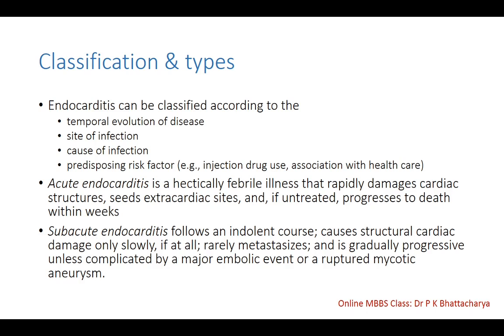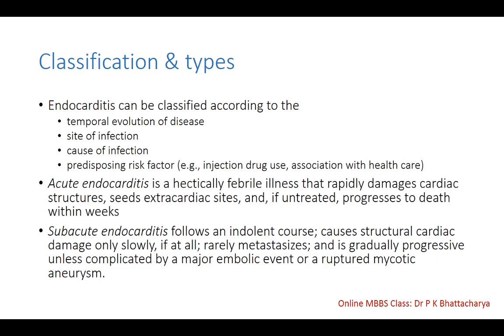Well, depending upon the temporal evolution of the disease, we have basically two clinical entities. One is subacute endocarditis, previously also known as subacute bacterial endocarditis, which is a much more common variety, and the other is acute endocarditis. Acute endocarditis is a very hectically developing febrile illness that rapidly damages the cardiac structures and goes on into extracardiac sites, and if untreated, progresses to death within weeks.